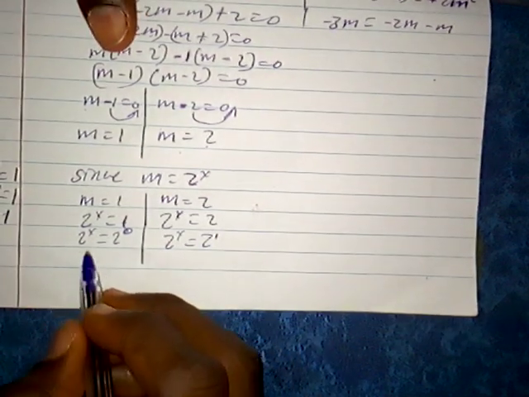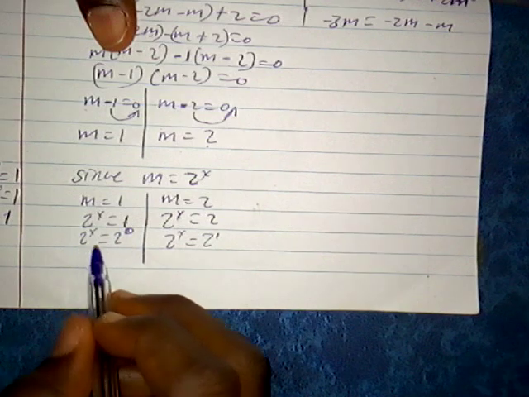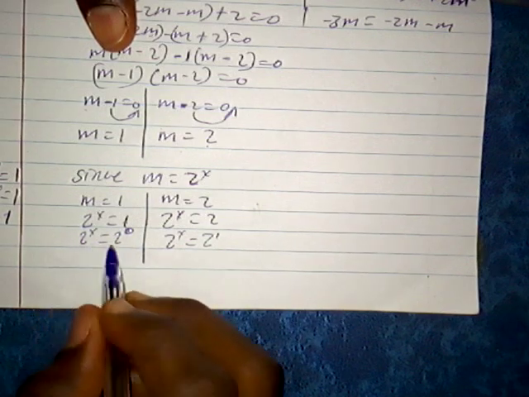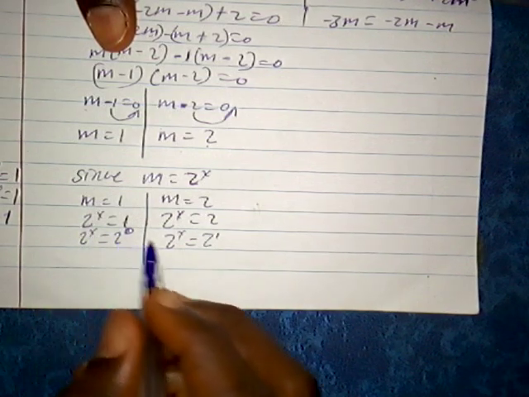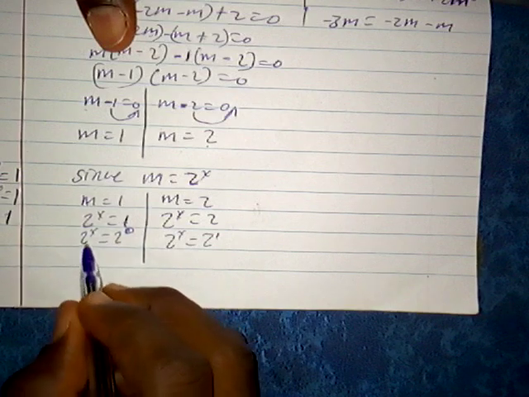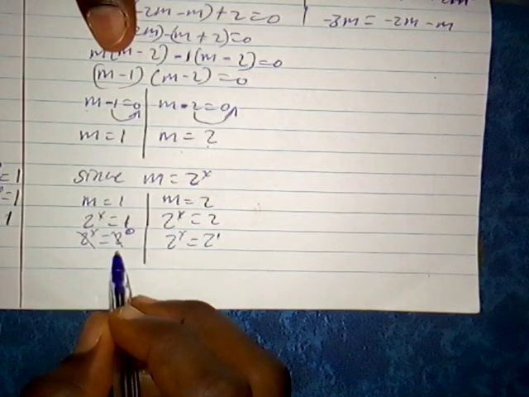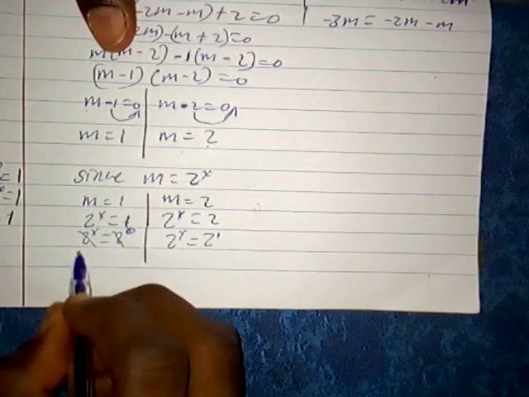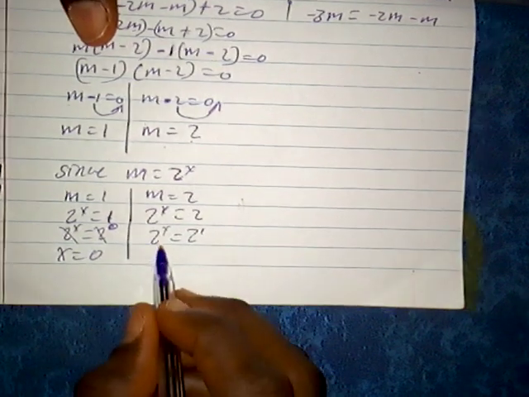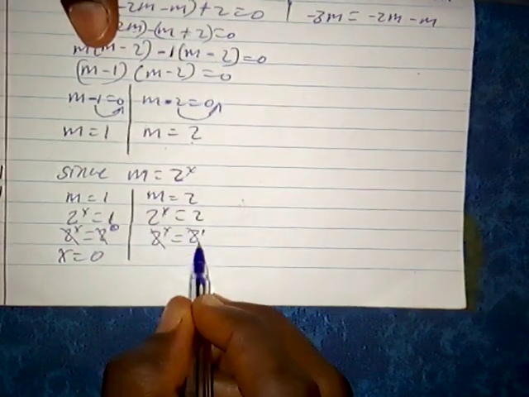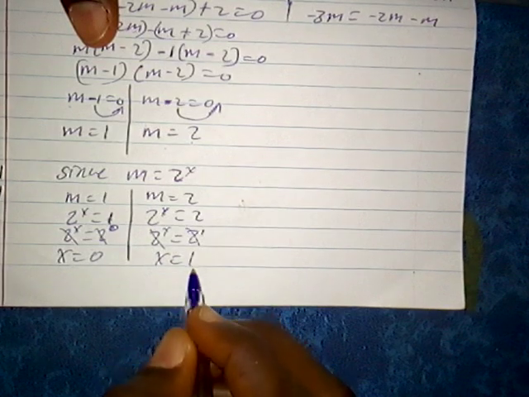So we go. Exponential equation, wherein the bases are the same, we eliminate the base and equate the powers. What are the bases? 2, 2. Eliminate the bases. What are the powers? x and 0. x equals 0. Here again, the bases are the same: 2, 2, we eliminate. x equals 1. You see?